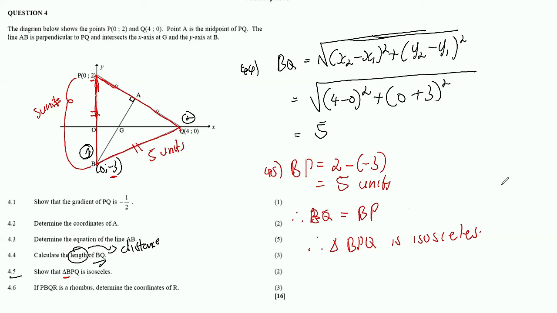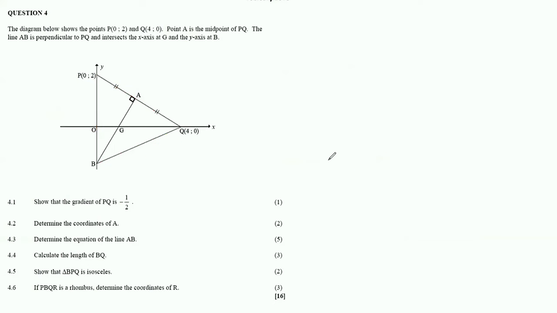Then 4.6 now is saying, if PBQR, so PBQR, again, let's highlight PBQ. We can see that we don't have R, but they're saying that the R there needs to close this thing off as a rhombus, right? So we need to follow in that order.